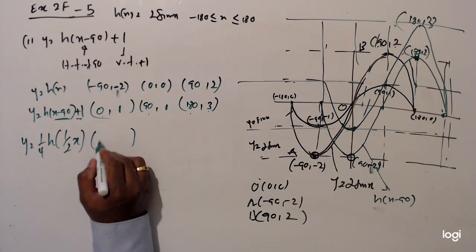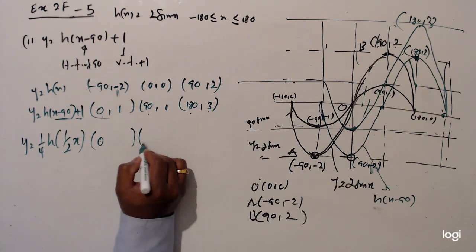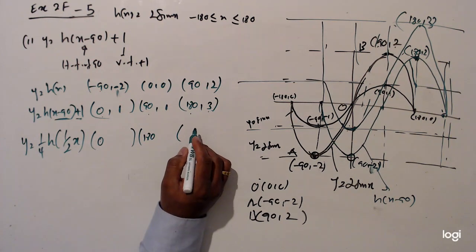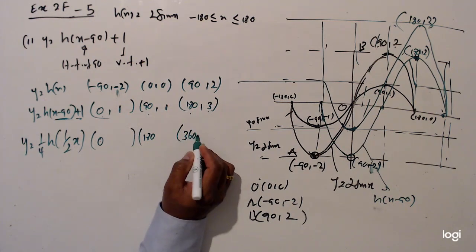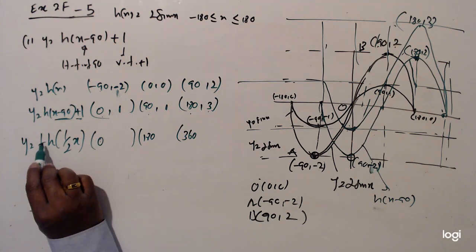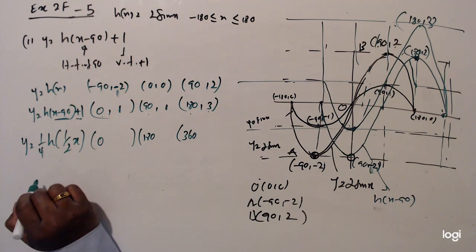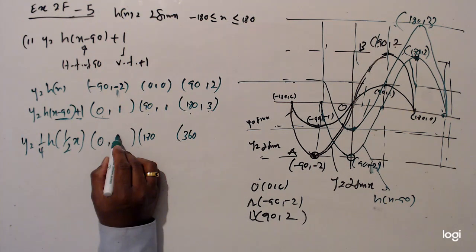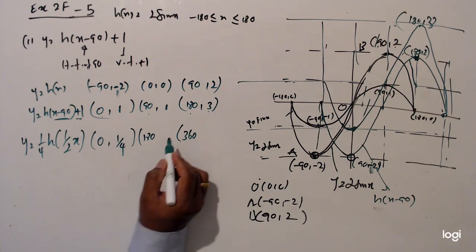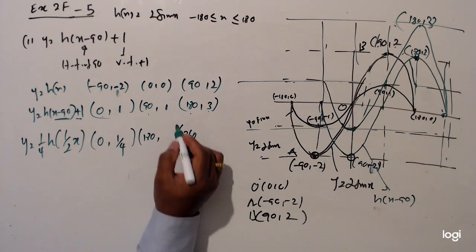So this is 2 times 0, 0, 90 times 2 is 180, and this is going to be 360. And the vertical stretch is 1 over 4. So all the y values are multiplied by 1 over 4. So this is 1 times 1 over 4, 1 over 4.